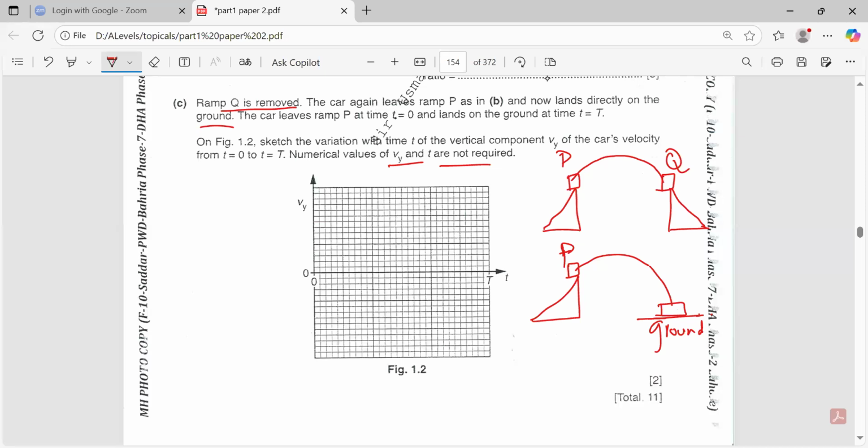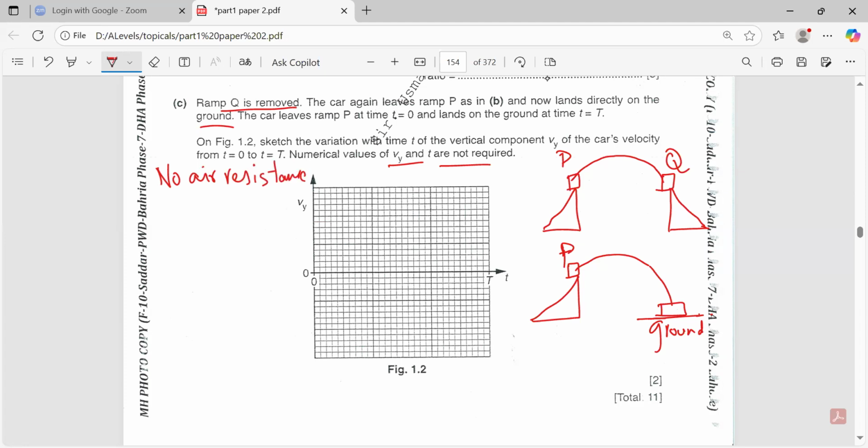So what is the behavior of the graph, the velocity-time graph, when there is no air resistance? Remember this, I am recalling it, I have taught you this before.